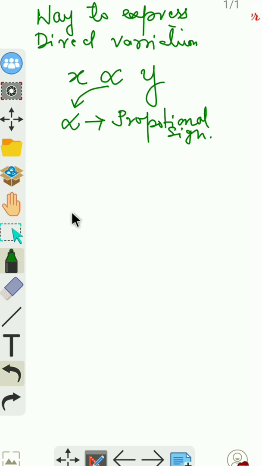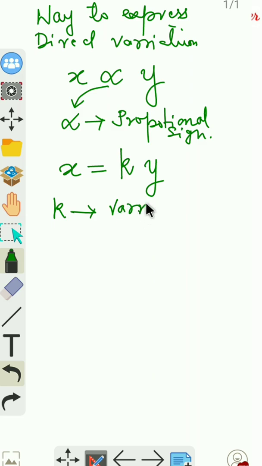To remove the proportional sign, we can introduce a new term k. This k is known as the variation constant, and k is a non-zero constant. K cannot be 0.